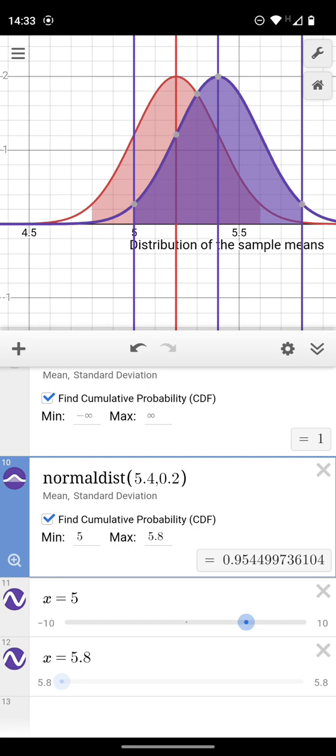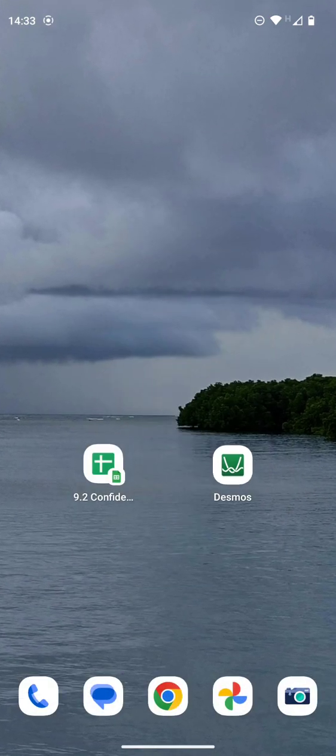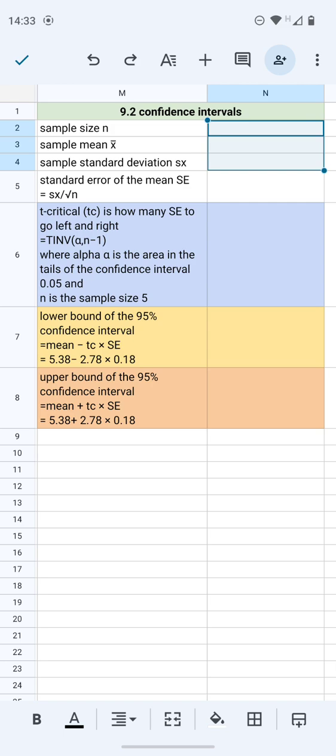In other words, 5 to 5.8 should capture a population mean for the marbles 95% of the time. That's a 95% confidence interval. You can see pieces of it right in the normal distribution probability there. We'll get the exact values from a spreadsheet, and I'll show you how to do that in just a moment here. So I'm going to put the example away and open up my spreadsheet.